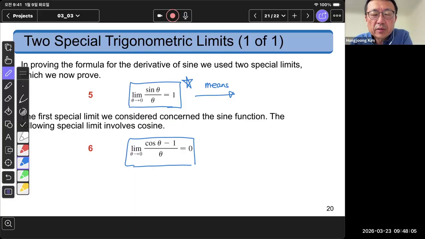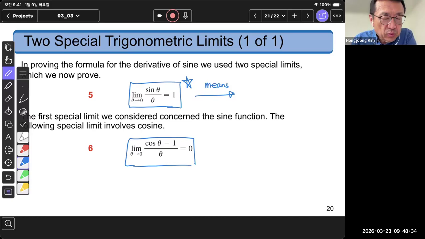So sine theta and theta decrease to 0, right? Sine 0 is 0, right? So as theta goes to 0, both functions decrease, and they decrease at the same rate. So that's the meaning of this expression.